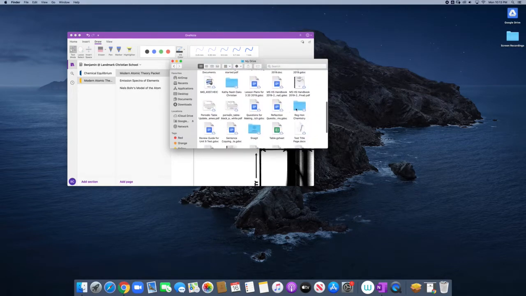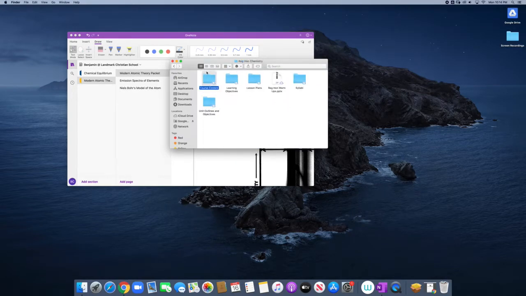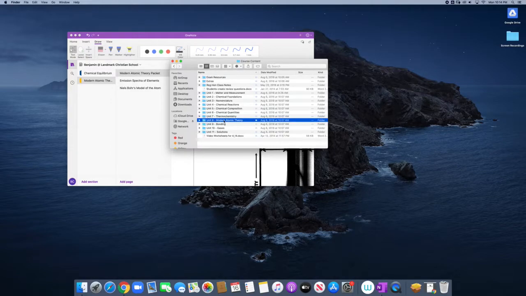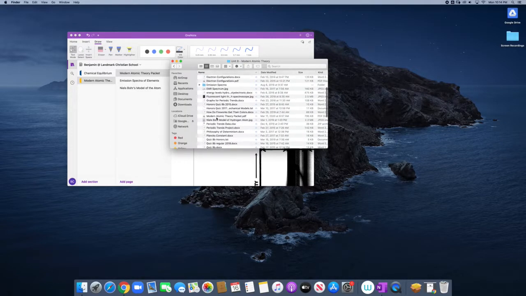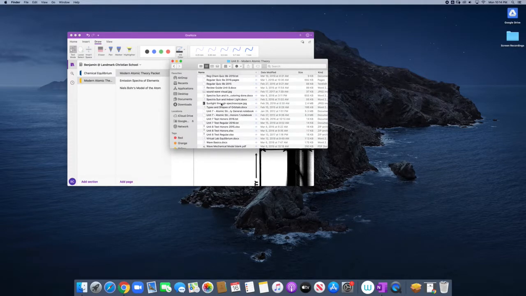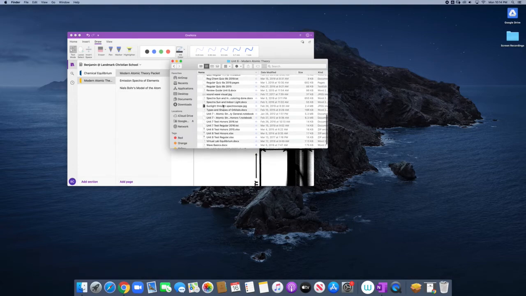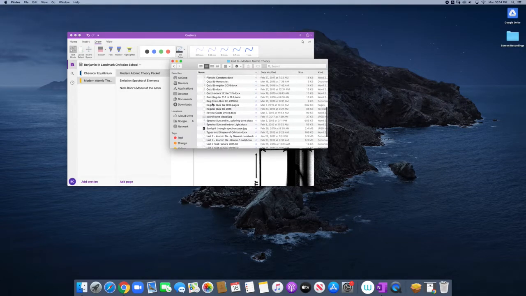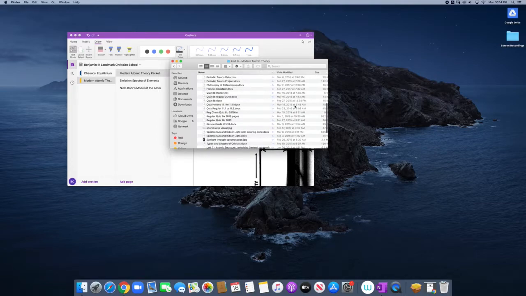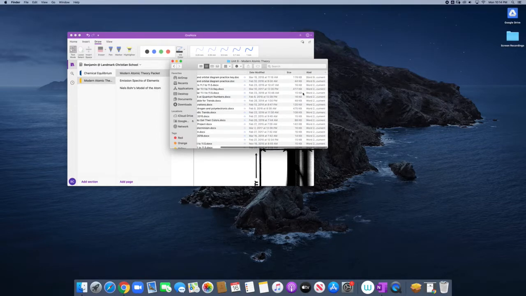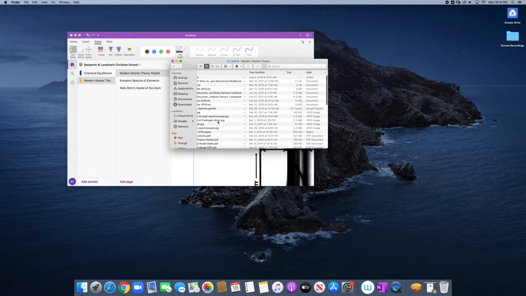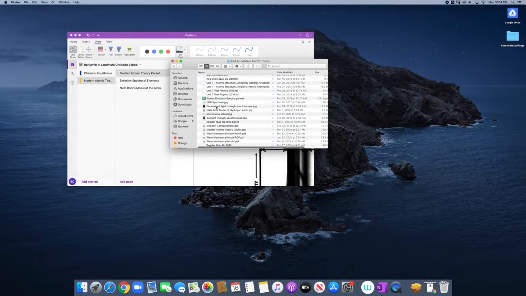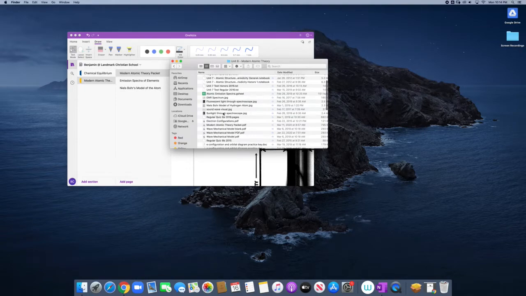I'm sure you've seen a prism before. Let's see. Sort these by file type. Got some JPEGs here. I mean, this will do the trick.